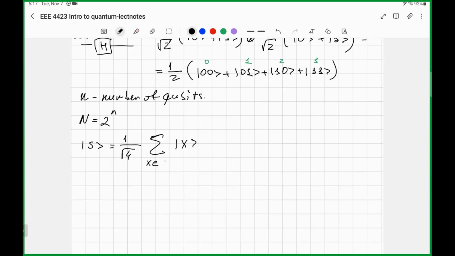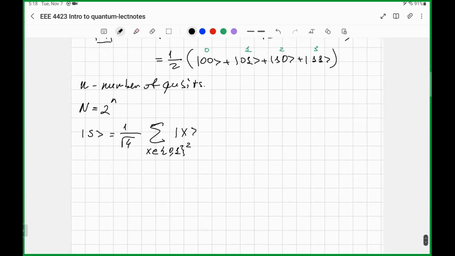So in terms of states 00, 01, 10, 11, I can rewrite this summation over x that is all possible combinations of 0 and 1 with the length 2. Okay, so all the possible combinations of zeros and ones with the length 2 digits, which includes obviously 00, 01, 10, and 11.